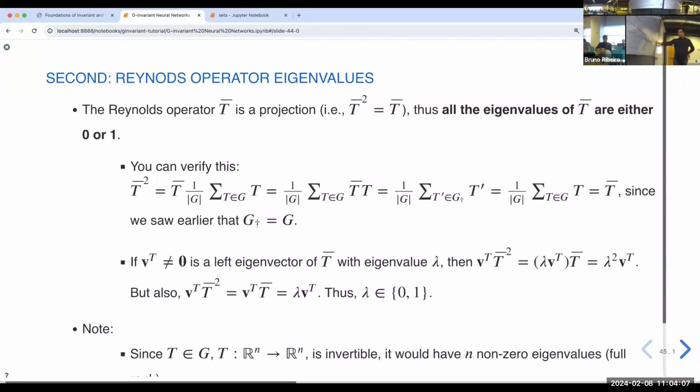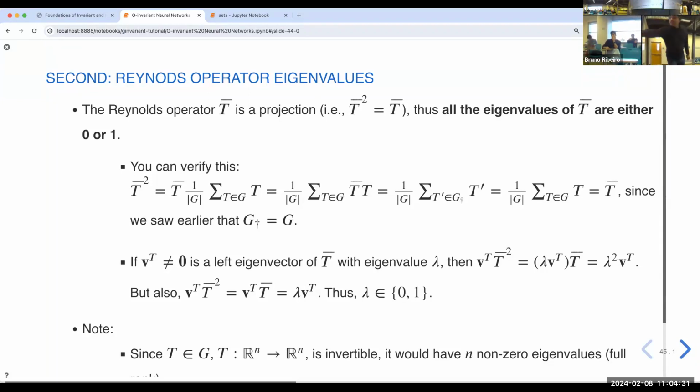Because it's a projection, lambda has to be either 0 or 1, because if I apply it multiple times, I'm getting T back. So the eigenvalues, if you are doing the powers, can only be 0 or 1, to be stable like that. Does that make sense? Yes.